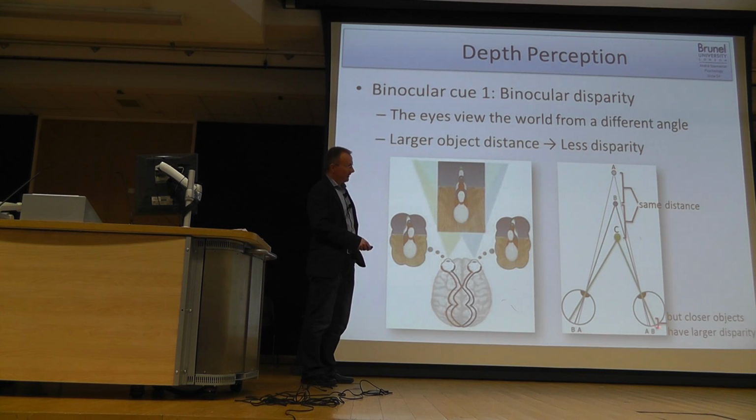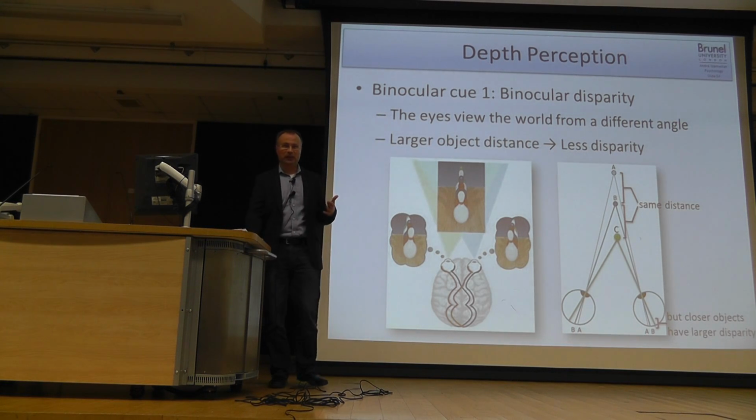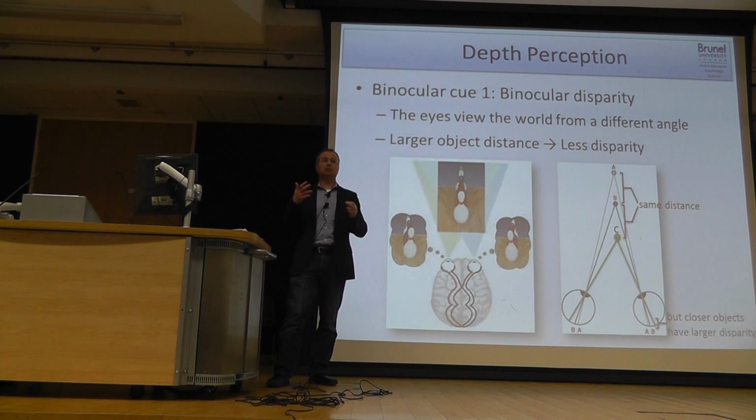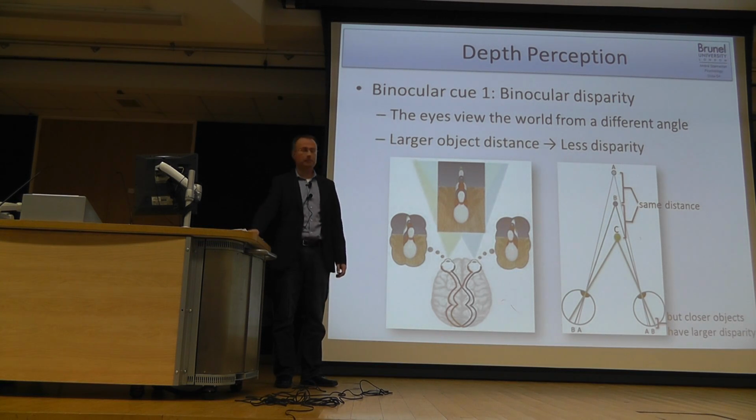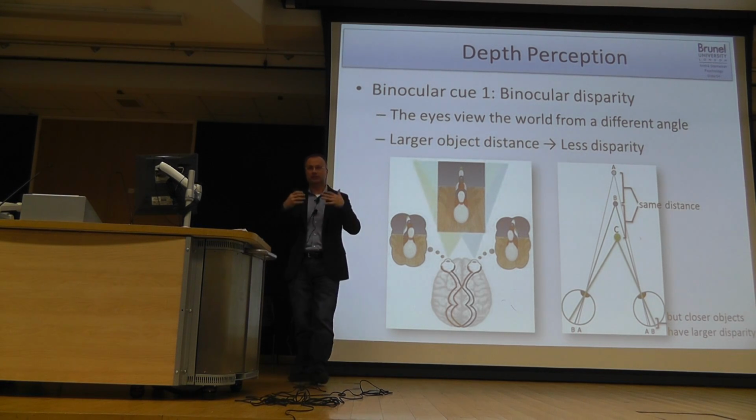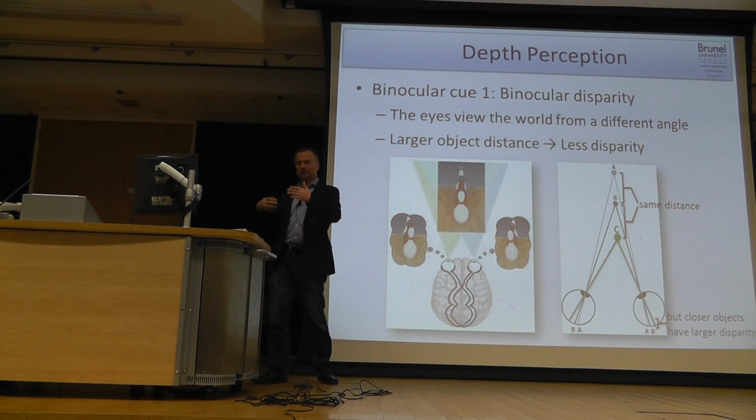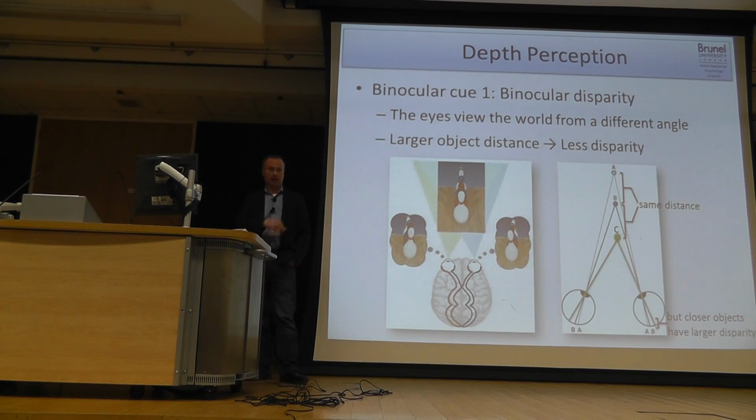And you may notice that the disparity which is created is quite a bit bigger for C to B than for B to A. That means, in practical terms, that the disparity information is most useful in rather close proximity. For objects rather far away, disparity becomes so small that it's not used by us anymore. So this kind of 3D vision is used only to some extent in our peripersonal space. Afterwards, we can't use it anymore.